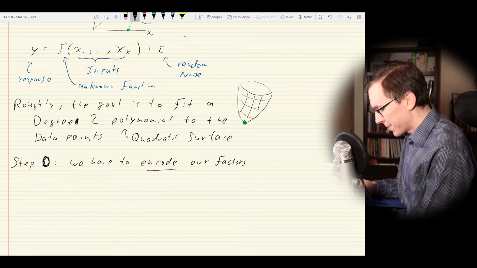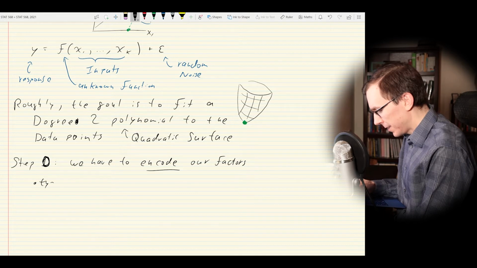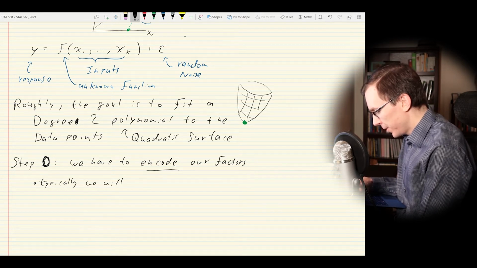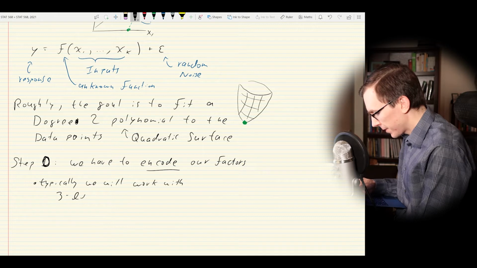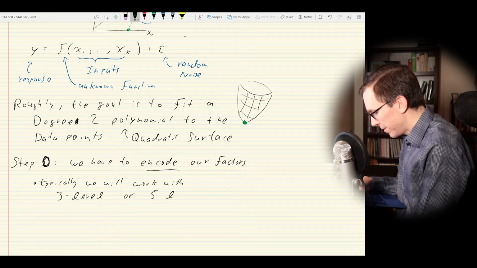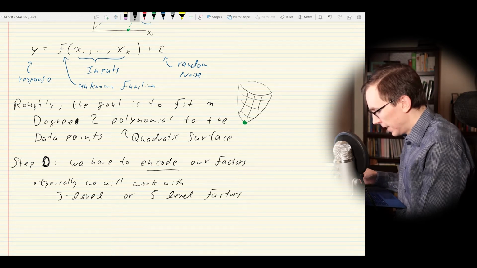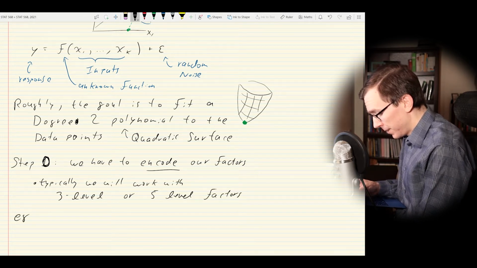There's a couple things we have to note. Typically, we will work with 3-level or 5-level factors. So an example would be temperature.